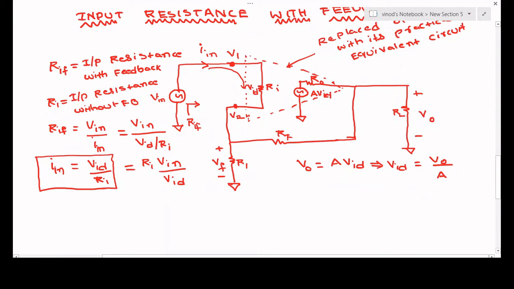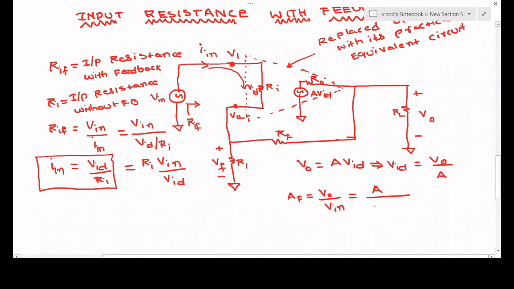Next, what about the relationship between V naught and VIN? We have just now derived the closed loop voltage gain. AF is nothing but V naught by VIN, the ratio of output voltage to input voltage. It is A by 1 plus A beta.